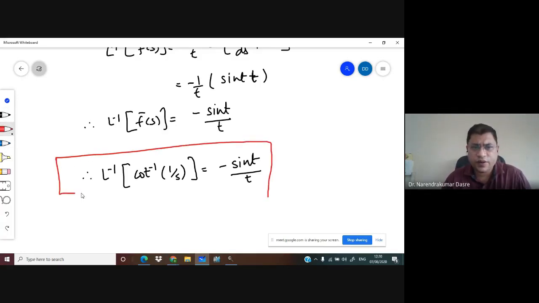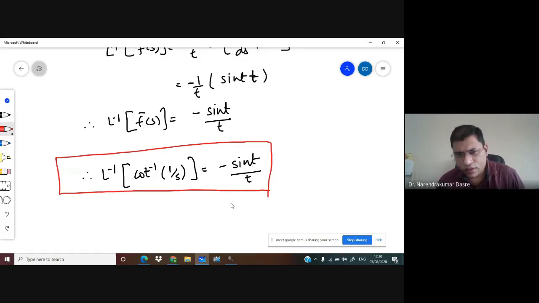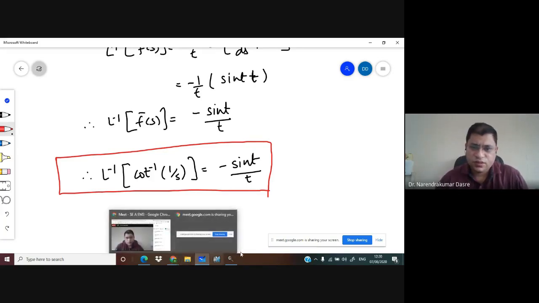So this way we are able to get the inverse Laplace of cot inverse of 1 by s. Do you have any doubt in this example or the examples that we have solved up to now?